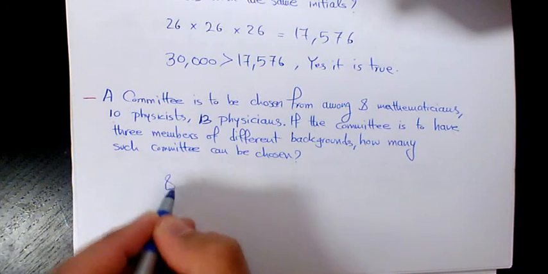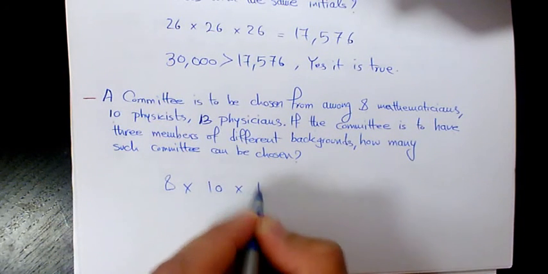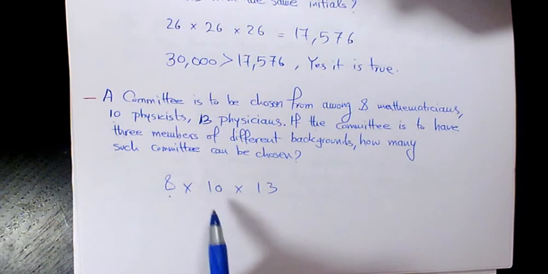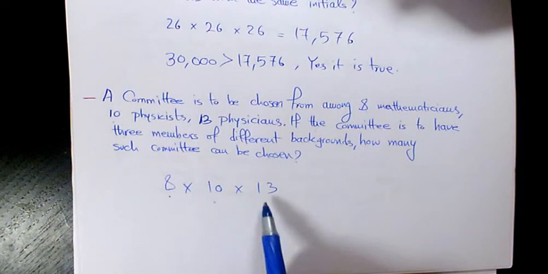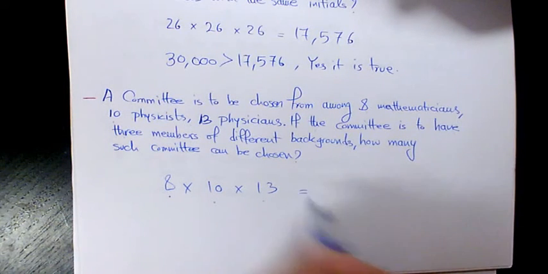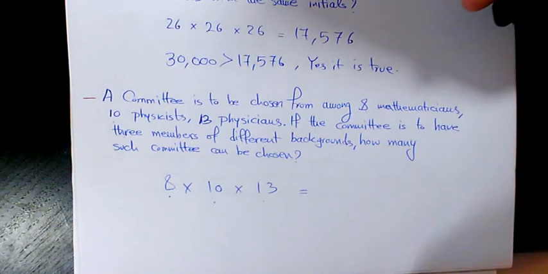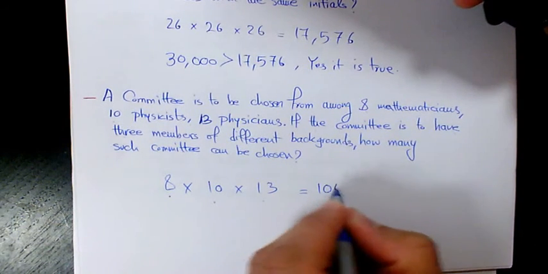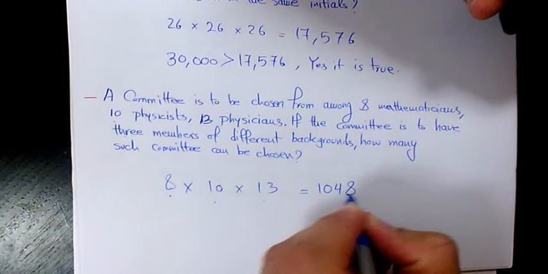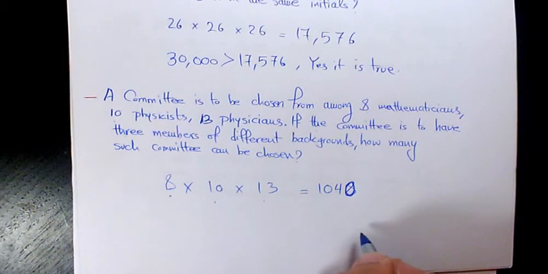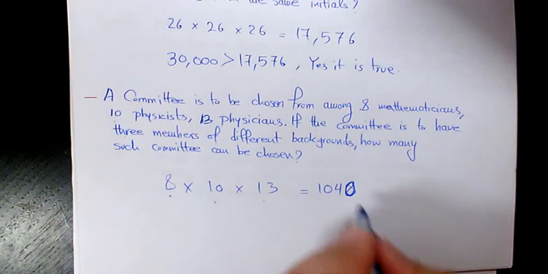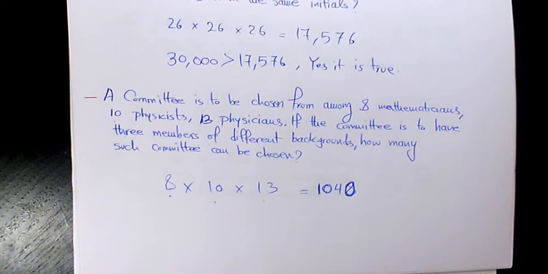We're going to say 8 times 10 times 13. 8 from mathematicians, 10 different ways to select physicists, and 13 different ways to select physicians. So it's going to be 8 times 10 times 13. That's going to give me 1048. Actually 1040. Yeah, 1040 different ways to have the committee with 3 different backgrounds.